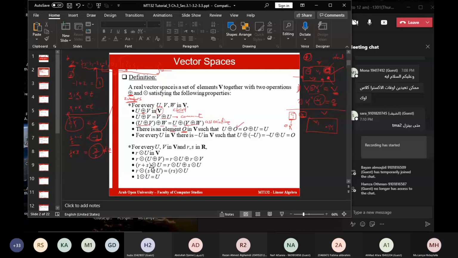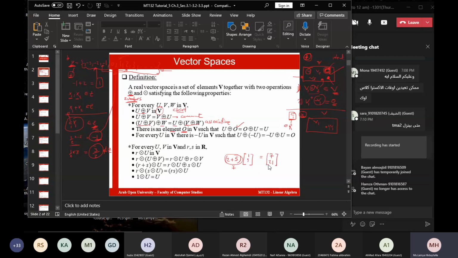Moreover, if we have the vector U, and R and S are two scalars, like, for example, 2 and 5. So 2 plus 5 times any vector U, for example 1 3, let's take it in R2. You can add this up to 7 and then multiply after that, so this is going to be equal to 7 times (1, 3), which is (7, 21), correct.